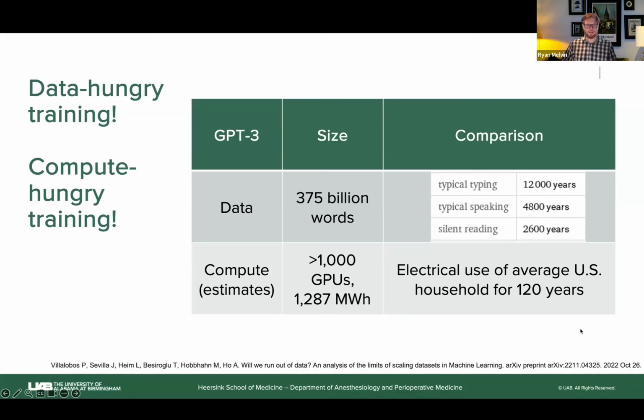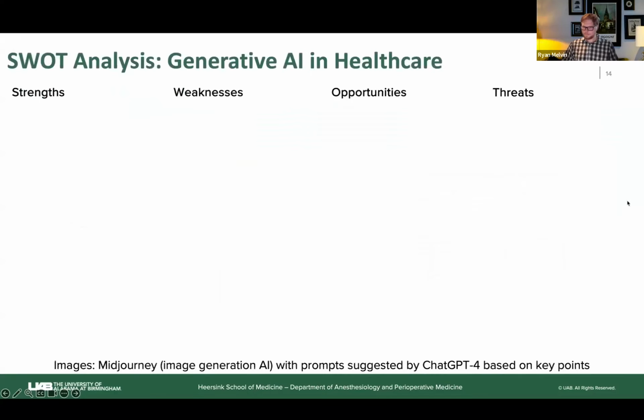I'm trying to think about what was going on there and the resource requirements for building these things. And that helps us maybe understand why, at the moment, OpenAI, Microsoft, and Google are the main players, because you've got to have a lot of resources to do this for now.